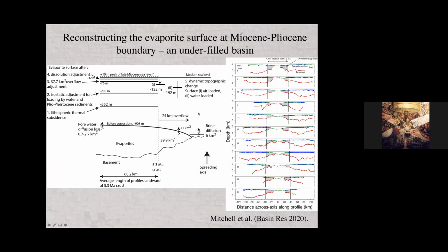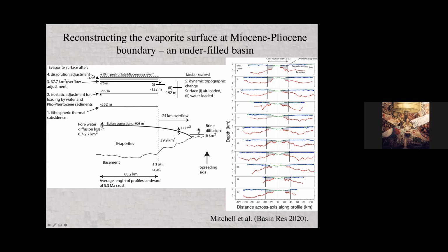I've recently been interested in trying to reconstruct the level of the evaporites at the end of the Miocene. So this is the present level of the evaporites, about 900 meters, when I just took the reflection data and averaged a lot of data. I've tried to reverse a number of effects. So lithospheric thermal subsidence has quite a large effect.